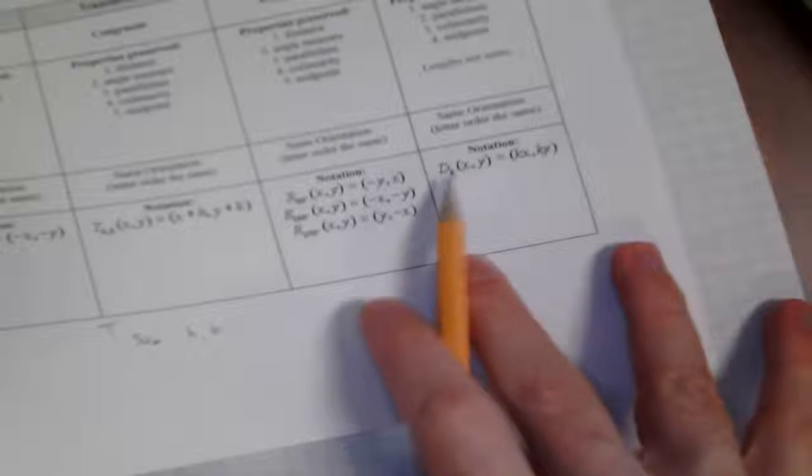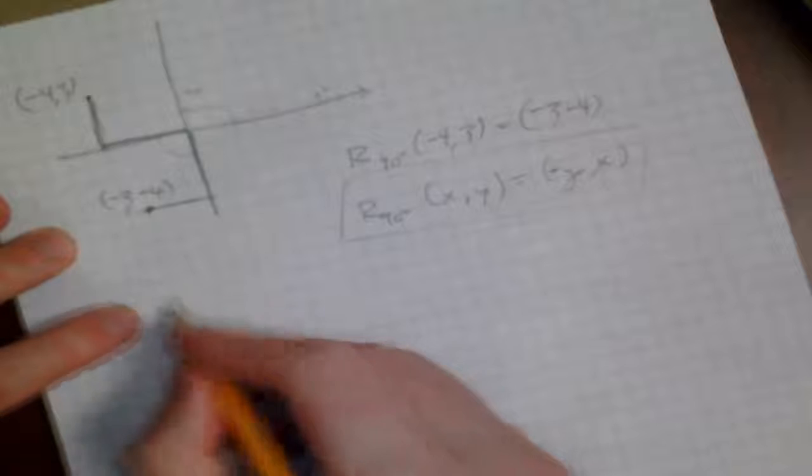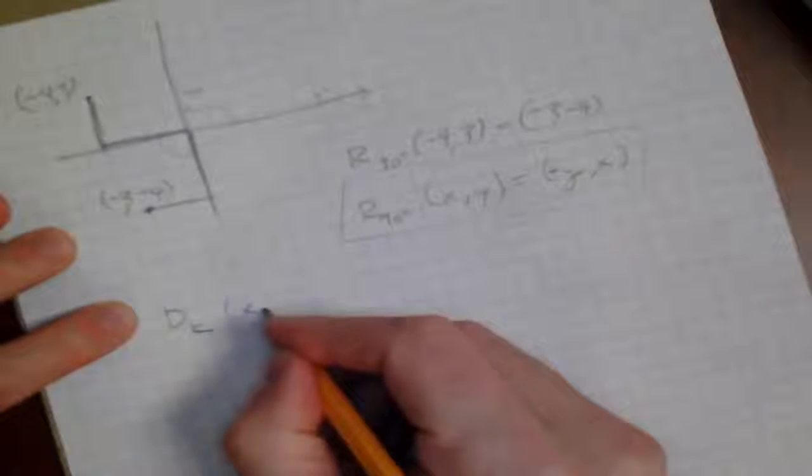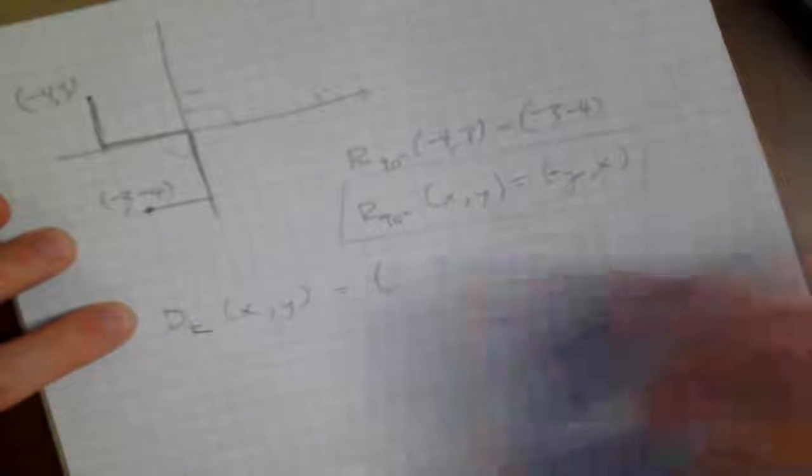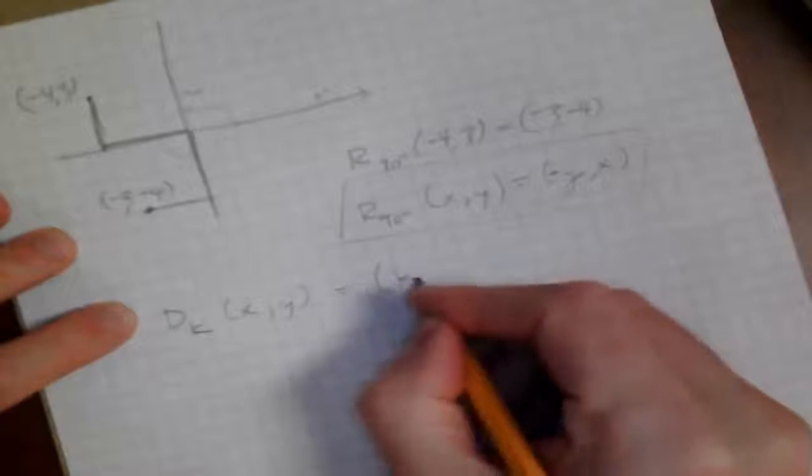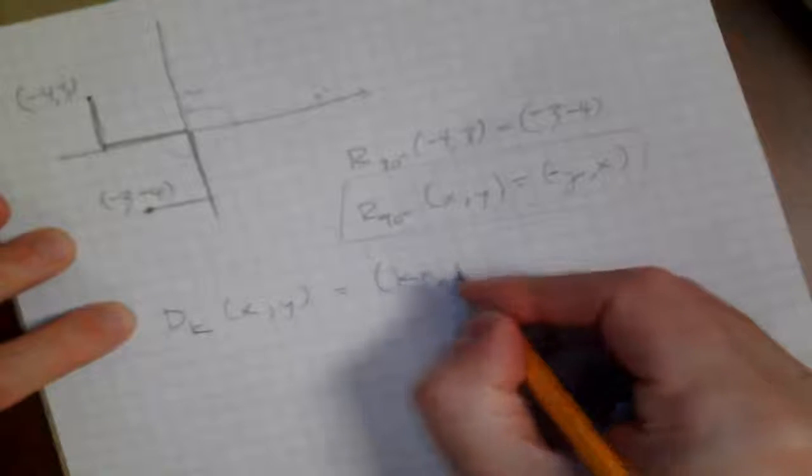Okay, and then the final one is dilation. So dilation is a capital D with a little sub k. So D sub k of the point xy becomes the new point, which is going to be k times x, k times y.